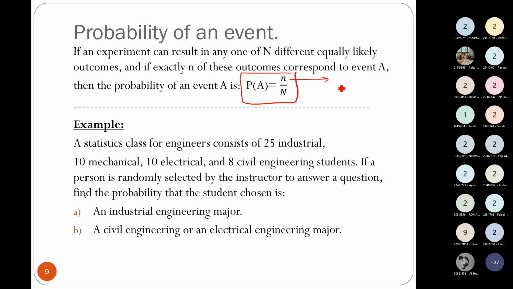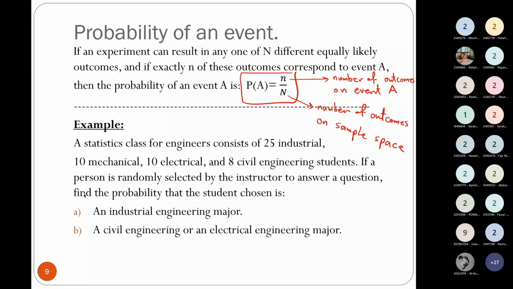It is n small over n capital. n small means the number of outcomes in event A. The capital N is the number of outcomes in the sample space. Okay, this is the n small and n capital.